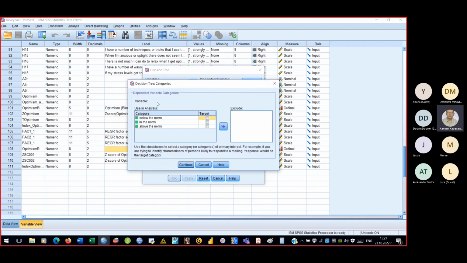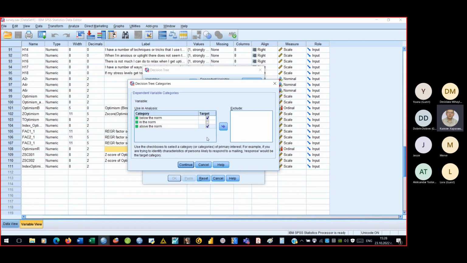target some of these categories, because for us usually these two categories, below the norm and above the norm, are interesting because they show deviations.